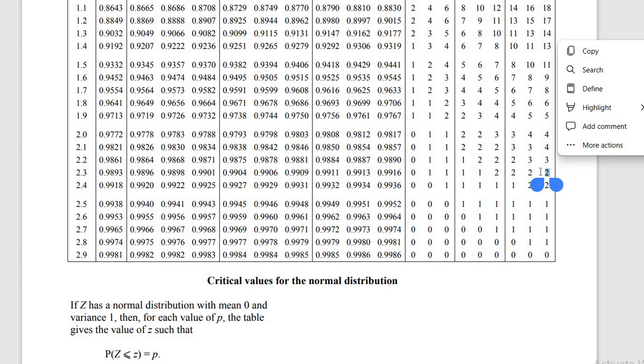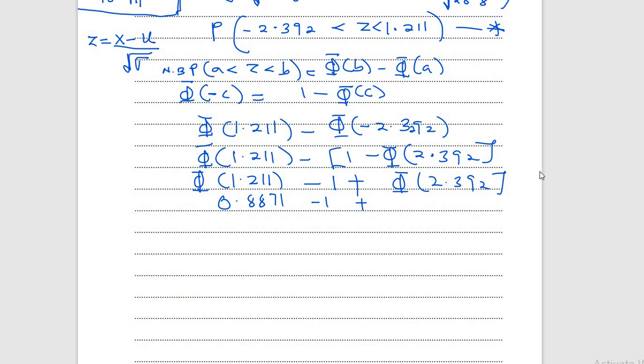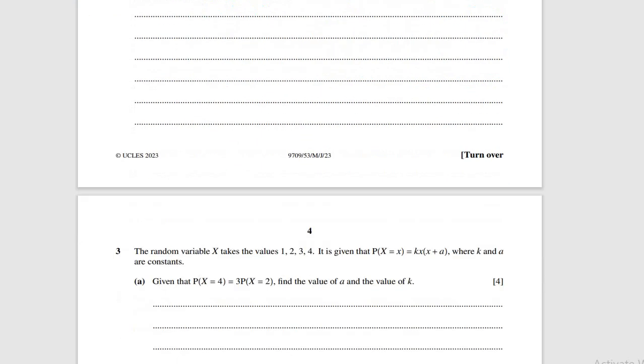That's 0.99. So 0.99 plus 0.8871 minus 1. The answer gives us 0.8771. It can also be 0.877. That's it. That's the answer.